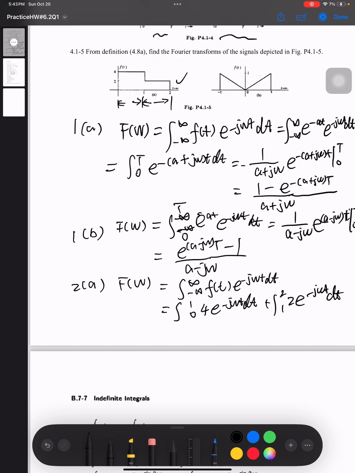And still the same, 1 over minus j omega for e^(-j omega t) from 0 to 1, and plus 1 over minus j omega for e^(-j omega t) from 1 to 2.